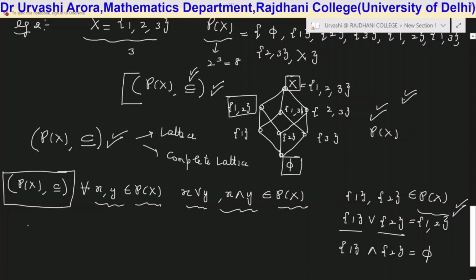And then coming to the second point, how this power set of X with respect to the inclusion relation is a complete lattice.